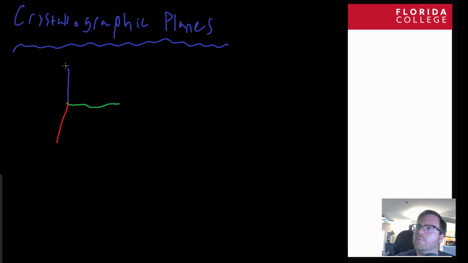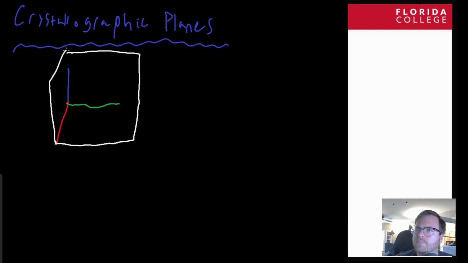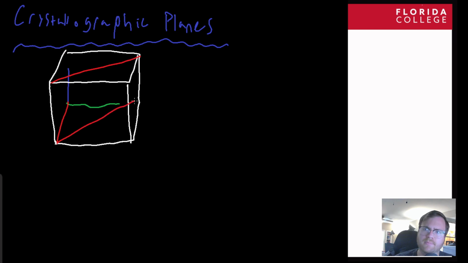And inside of it, I'm going to draw another box, a little bit bigger this time. There we go. And inside of this, I'm going to draw a plane, just like this. Now, actually, let me use yellow. I was going to draw it red, but yellow will work just fine.